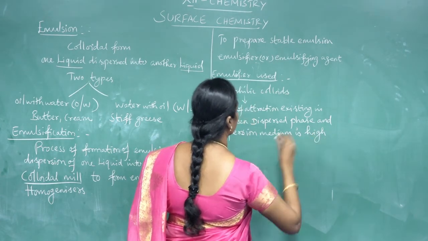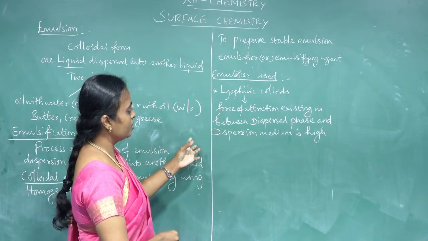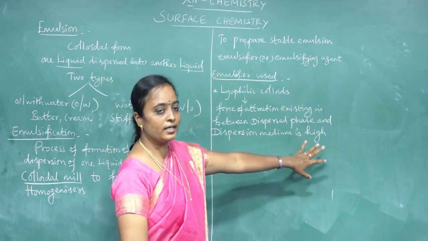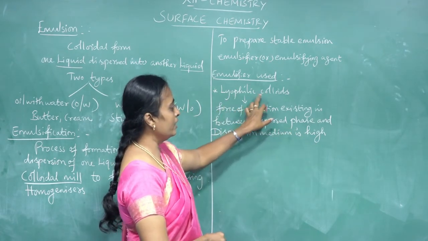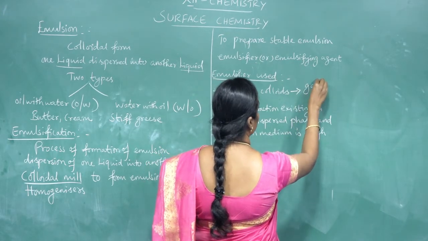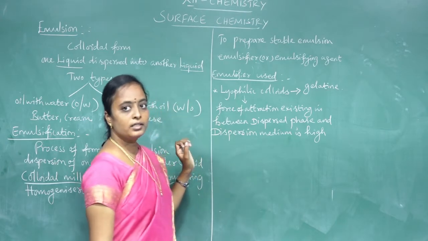So philic means attraction. The force of attraction existing between the dispersed phase and dispersion medium is almost high. That is called lyophilic colloids. An example for lyophilic colloid is gelatin.